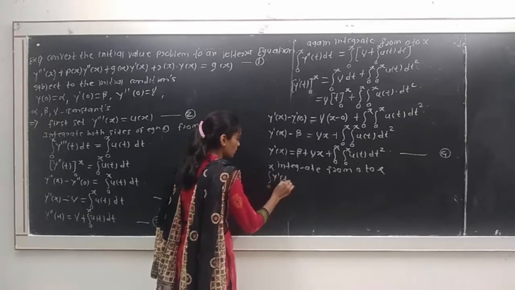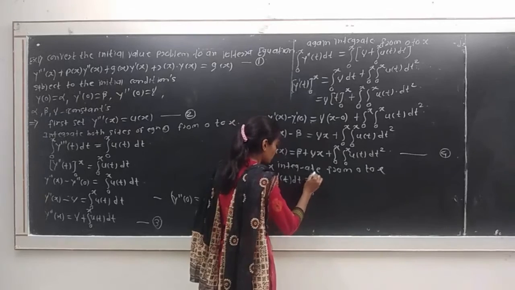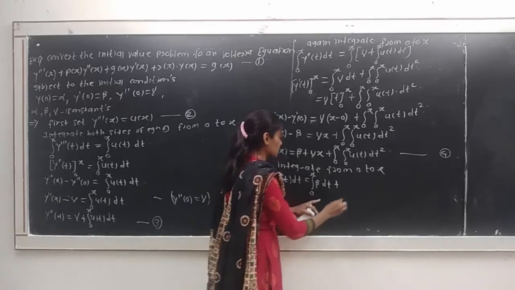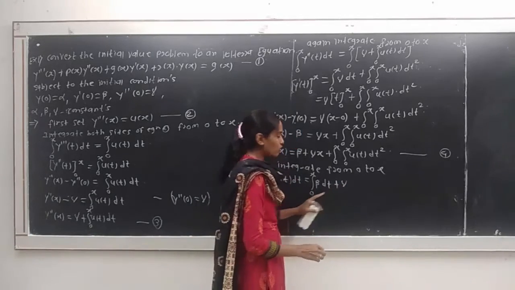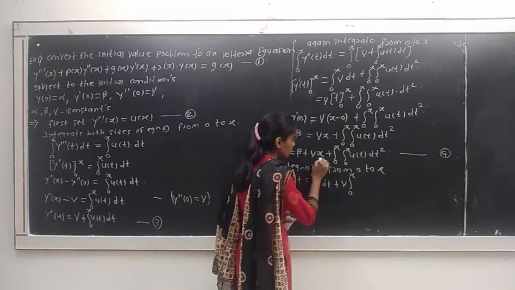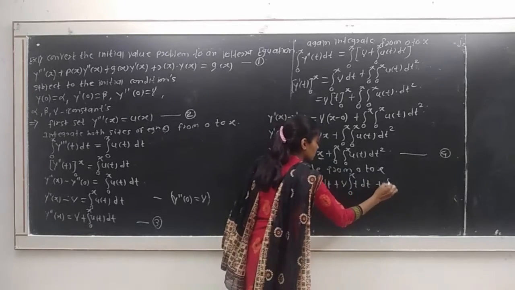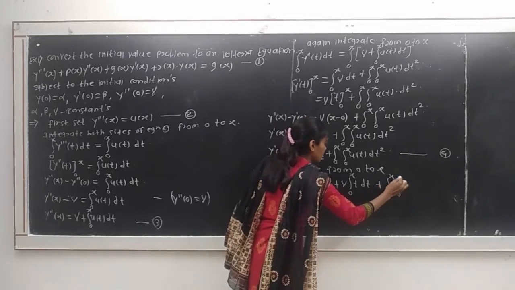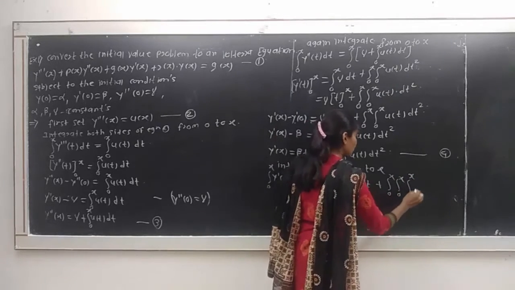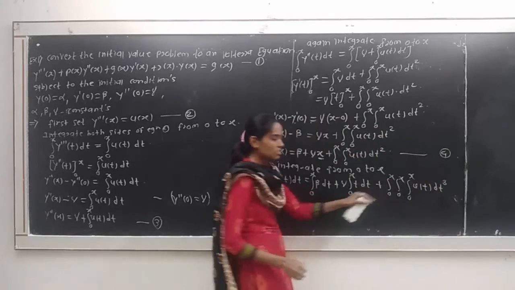We get the integration from 0 to x of y dash of t dt is equal to the integration from 0 to x of beta dt plus gamma, which is a constant, therefore we take it outside the integration, and in the integration from 0 to x we convert this x into the variable t, that is t dt, plus the integration from 0 to x, these integrations as they are, of u of t dt cube, that is 3 integrations.